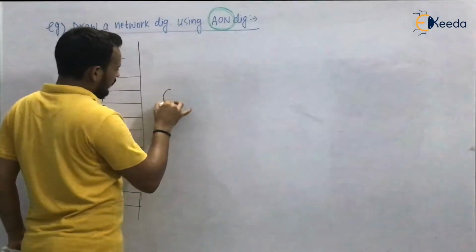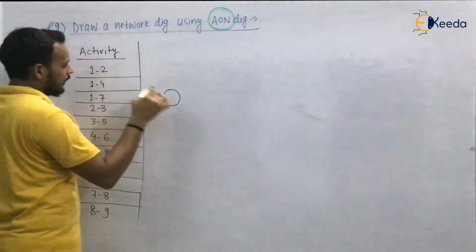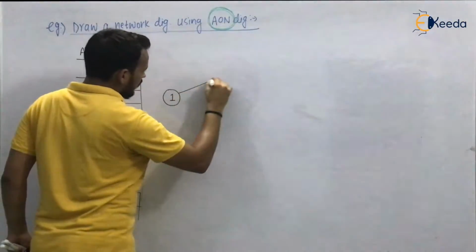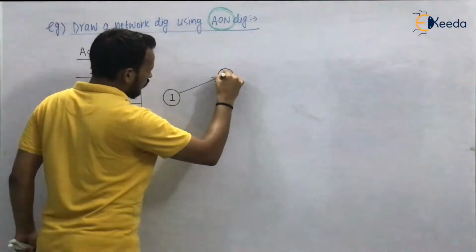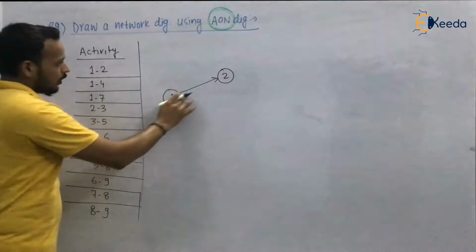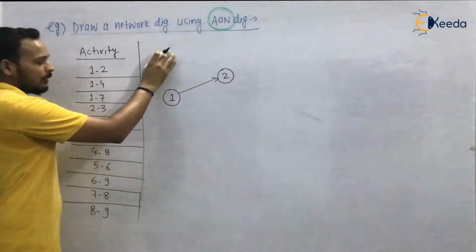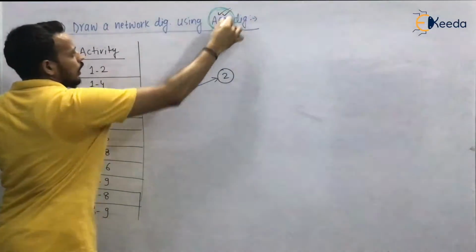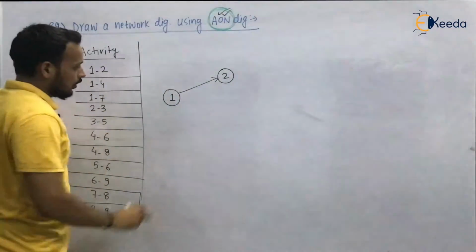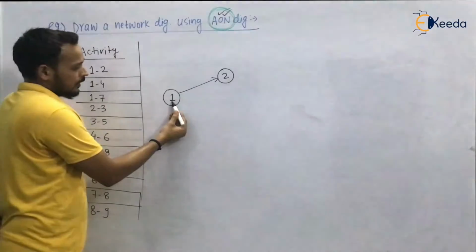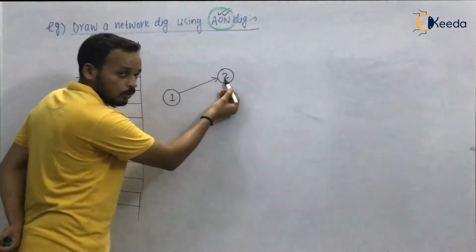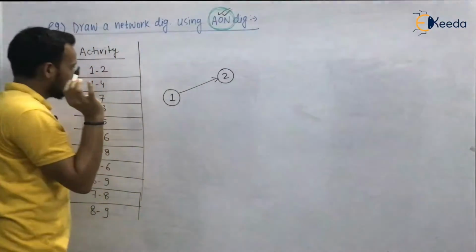The first activity is activity 1, and it is joining with activity 2. Why have I drawn it like this? Because no precedence is given and you have to draw activity on node. Activity number 1 is present on the node, activity number 2 is also present on the node.